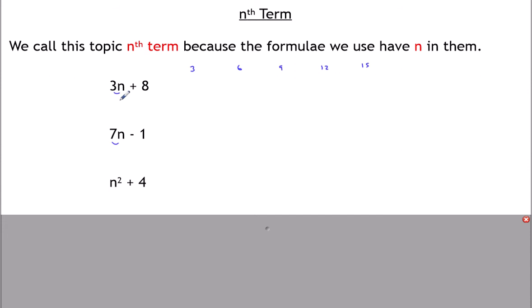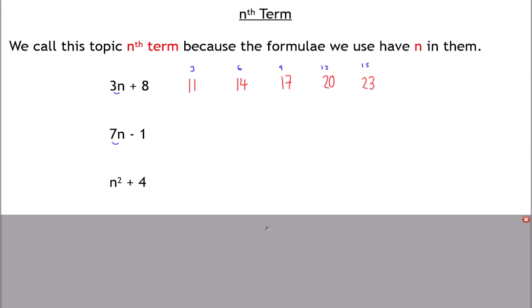And then when you add 8 onto those answers, it finishes the sequence. If I add 8 to 3, I get 11. If I add 8 on here, I get 14, 17, 20, and 23. So that would be my finished sequence.